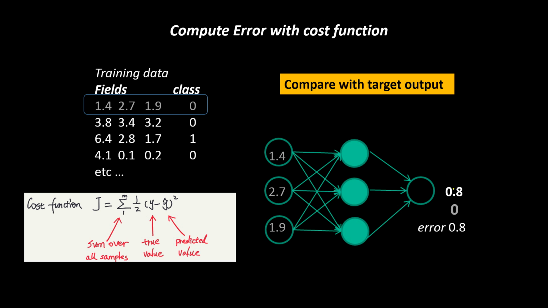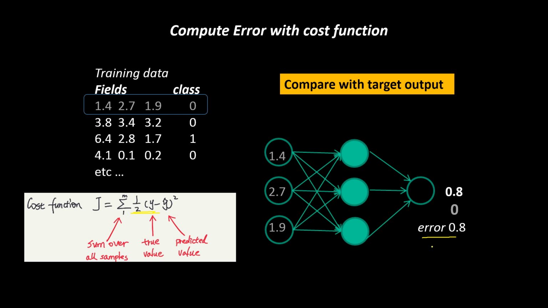Then we compare it with the target output and compute what is called the error. In this case, if we are taking just the difference, then the error is 0.8. This becomes a computation over all the training examples. The overall error function is called the cost function. This is the equation for the case when we are just computing the difference, the mean square error.